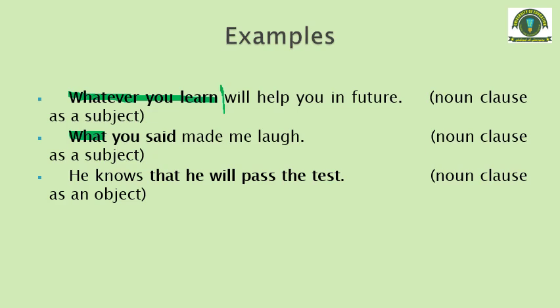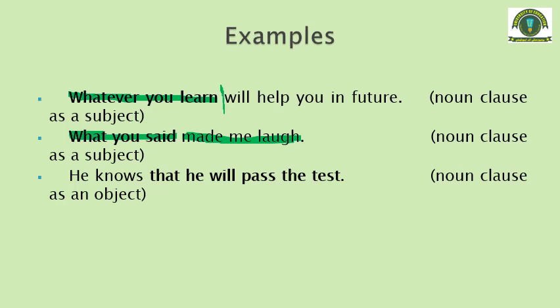So let's find out the predicate of the sentence, and the predicate begins with made me laugh. Look at the noun part. It comes before the predicate. It means it is a subject. So we can clearly say that in this sentence, what you said is a noun clause and it is acting as a subject. Let's jump to another example.